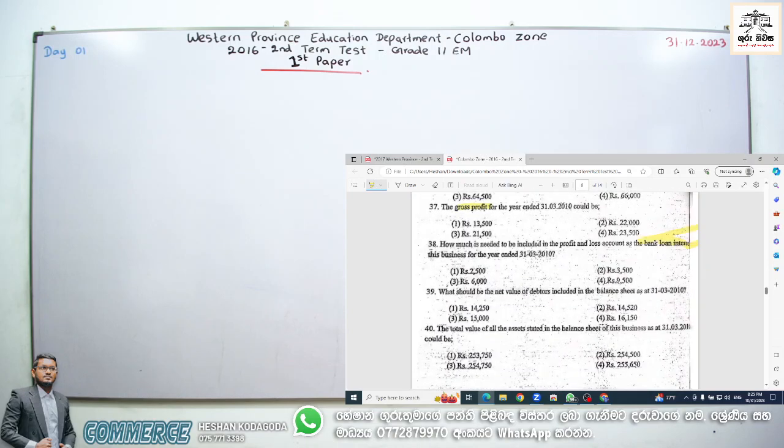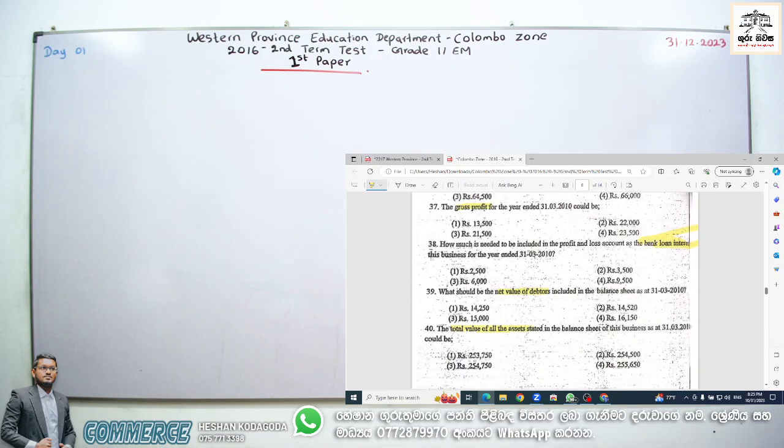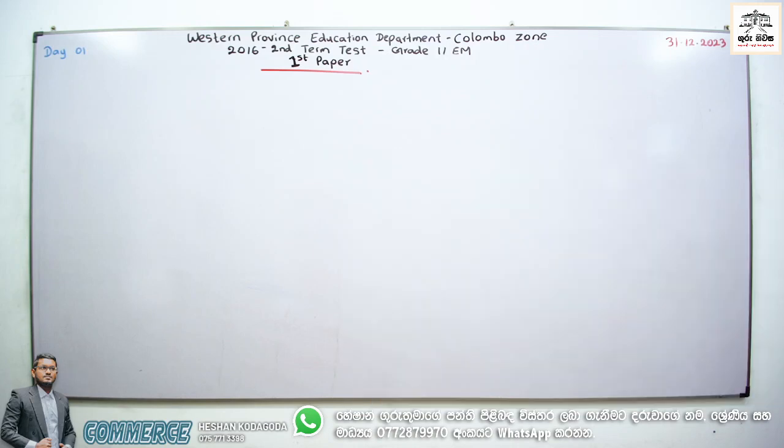Bank loan interest means the financial expenses. Then the net value of debtors and the total value of all the assets. No need to calculate the equity and liability. So we need to customize it.